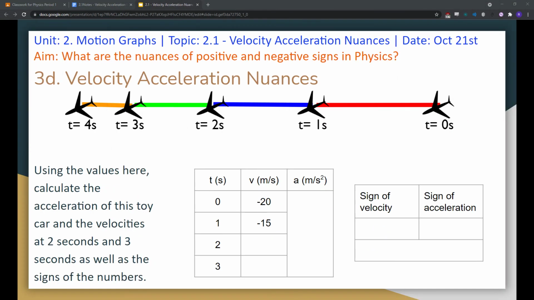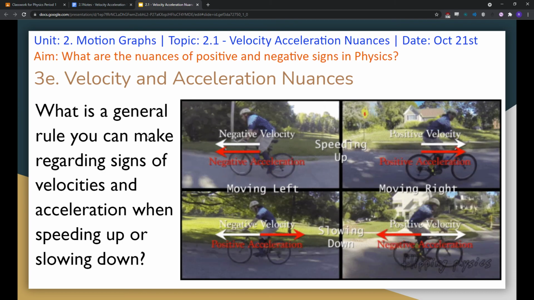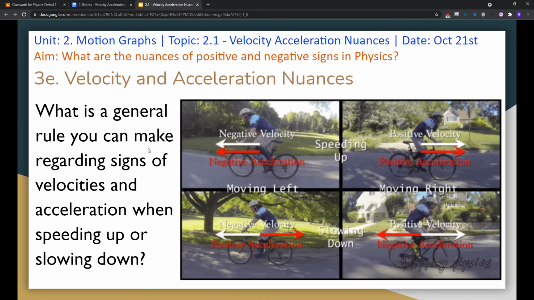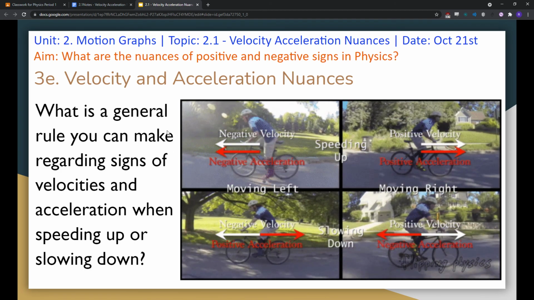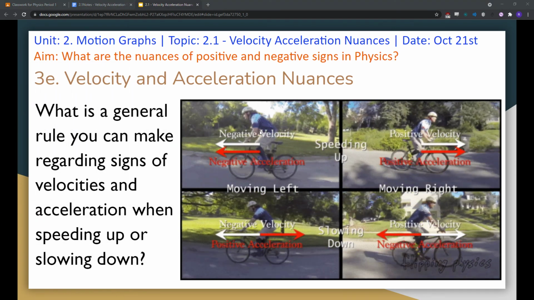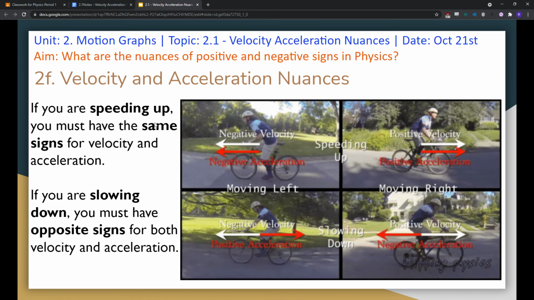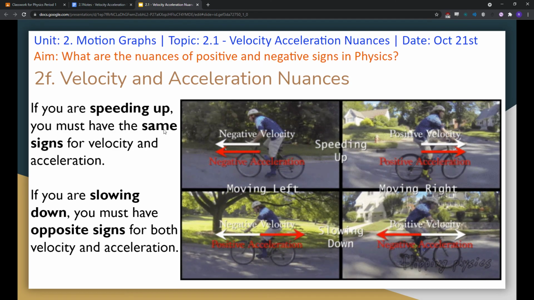Okay. Now the next question is, what is a general rule you can make regarding signs of velocities and acceleration when speeding up or slowing down? All right, so if you take a look at this, actually I'm just going to give it to you, right? Think about it. If you're speeding up, you must have the same signs for both velocity and acceleration.